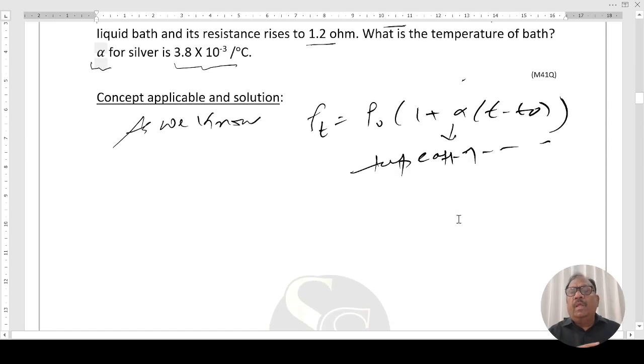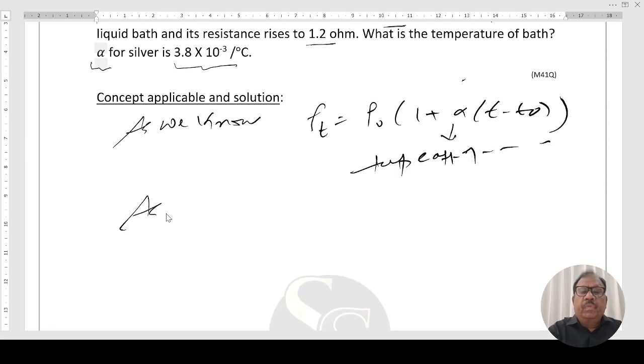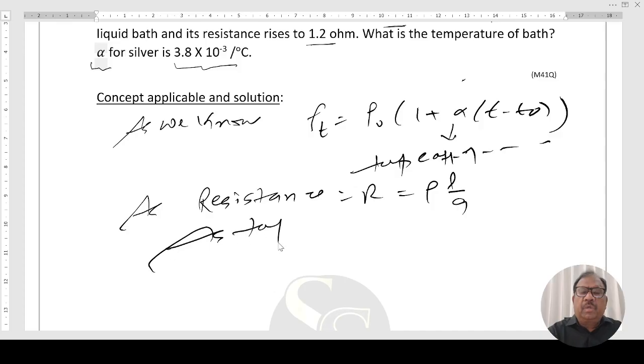Now, as resistance R equal to rho L upon A, as temperature rises, L increases, length increases, and area also changes, depending on length.